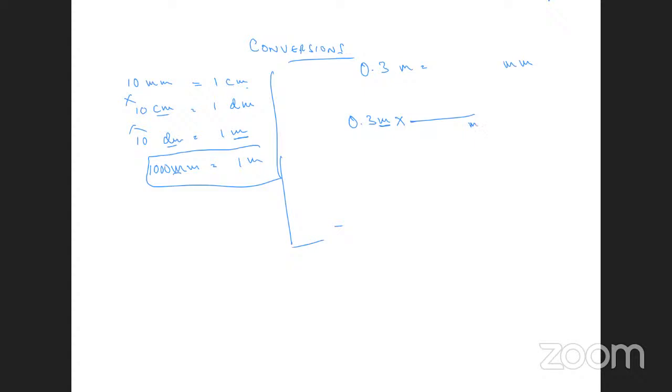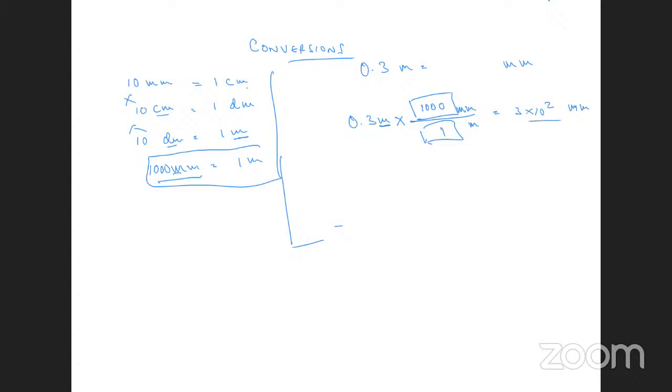Then on the top, you put the desired unit, what you need at the end. Then you get the ratio between these two. How do you get the ratio? Here I have given the ratio: 1000 millimeters, 1 meter. Then you will get the answer as 3 times 10 to the power 2.